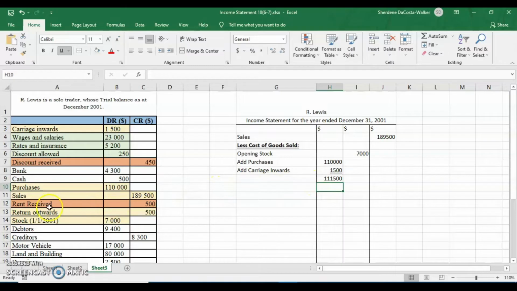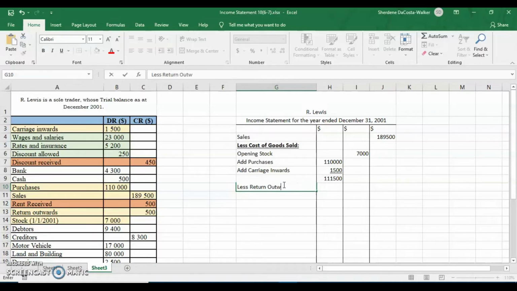Now we have our return outwards, so we're going to have to less it. Return outwards where we brought back goods to our suppliers, so we're going to have to less the amount that we did actually bring back to our suppliers. Once we less it, the figure that you get, you will put it in the second column. So we're going to less.